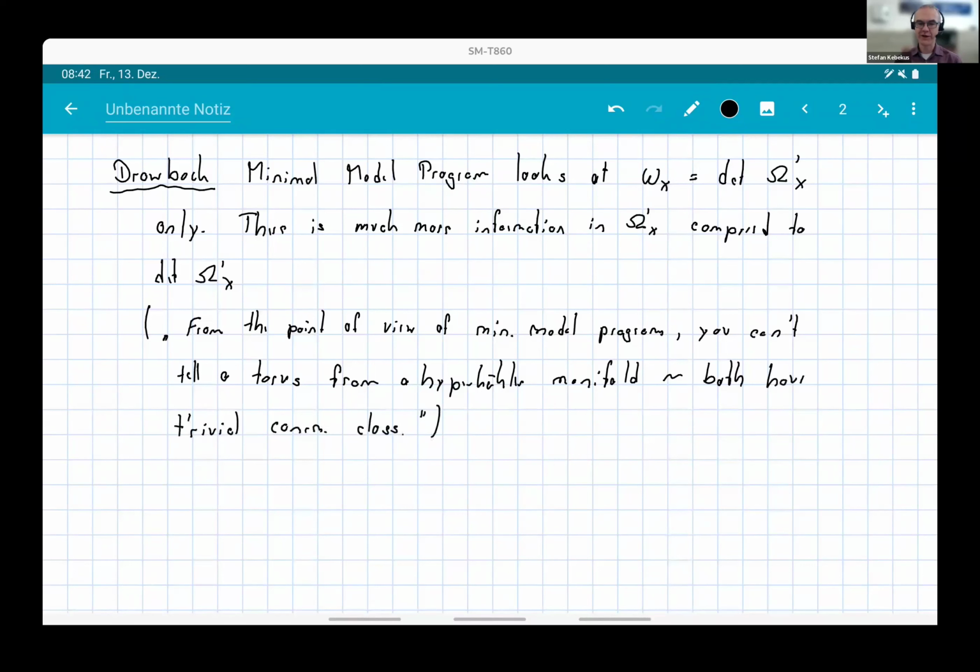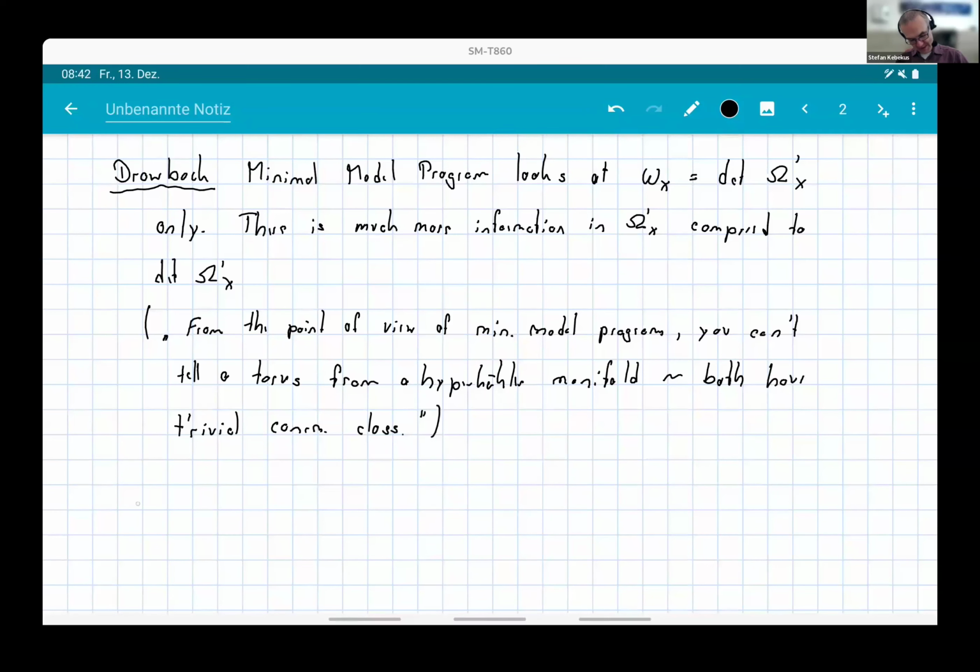But I would like to look at the difference, and the difference becomes very obvious when I compare the omega ones of a torus and of a hyperkähler manifold, because on a torus the omega one is trivial, and on a hyperkähler manifold it's not. So I have a one form on a torus. I definitely do not have a one form on a hyperkähler manifold. And this already marks a difference.